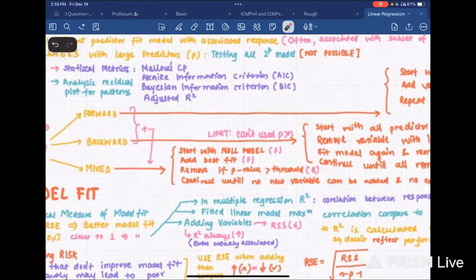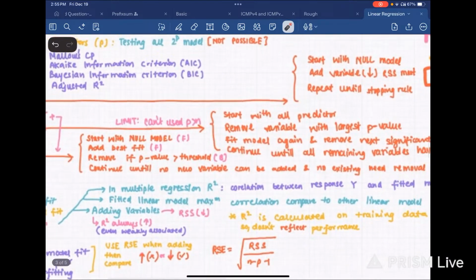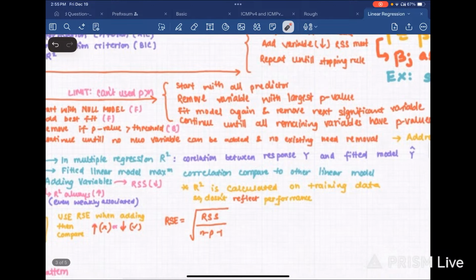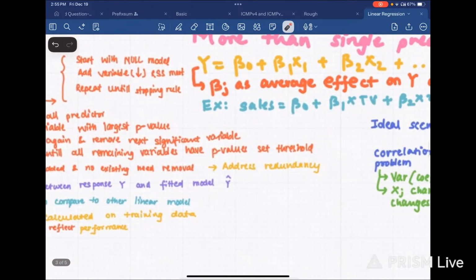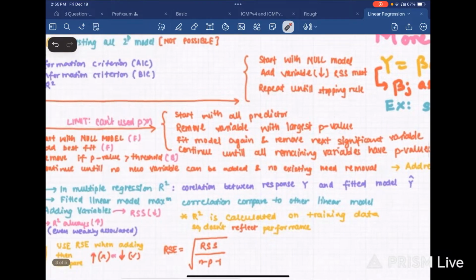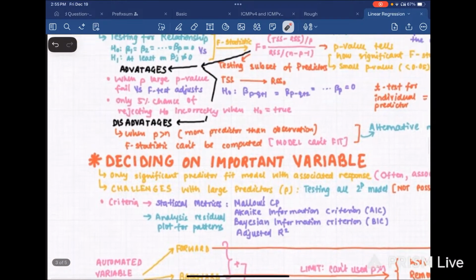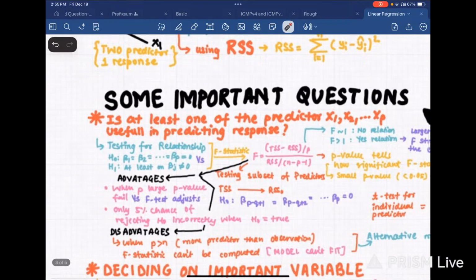This is called addressing redundancy, the mixed method.